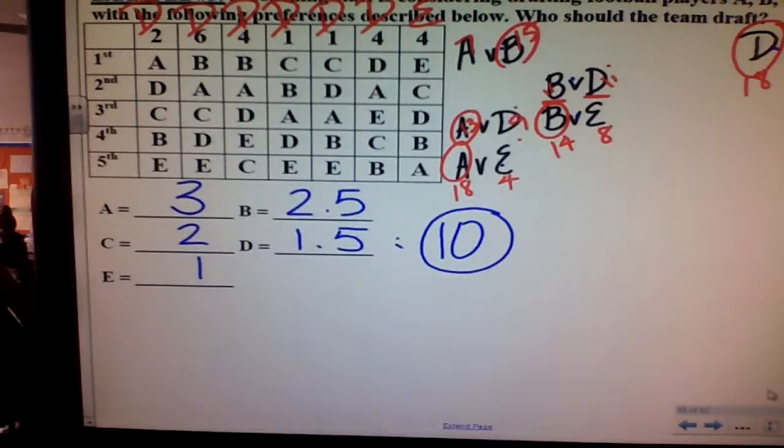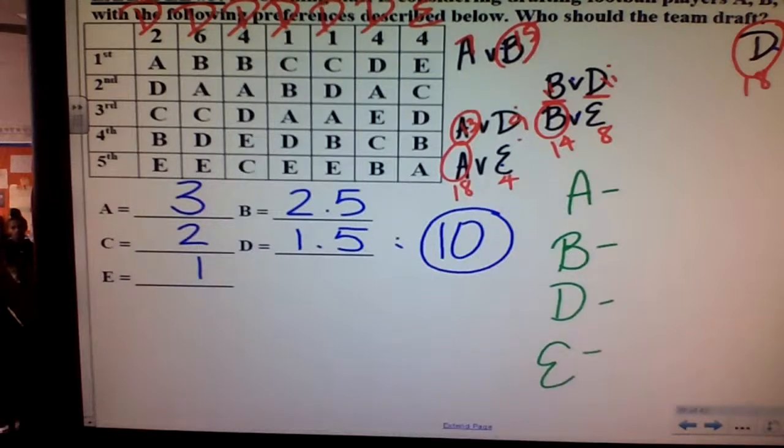So, you don't have to rewrite this. But down where it says A, B, D, and E, we need to get new totals now that C is not there. How many does A have now that C has dropped out? 2. A is now down to 2.